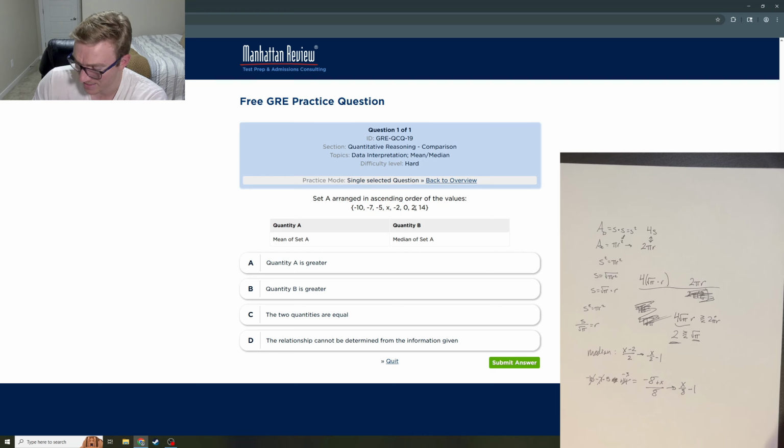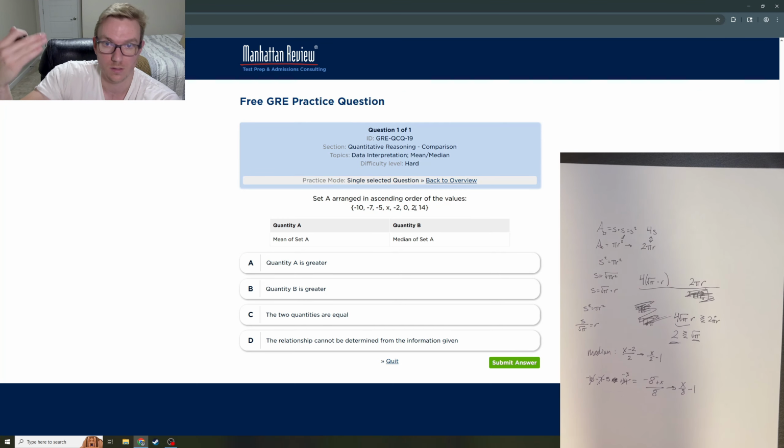Because x is negative, we have a negative number over a thing. A negative number over a bigger thing makes it less negative. Like negative 4 over 2 is negative 2, while negative 4 over, say, 8 is negative 1/2.